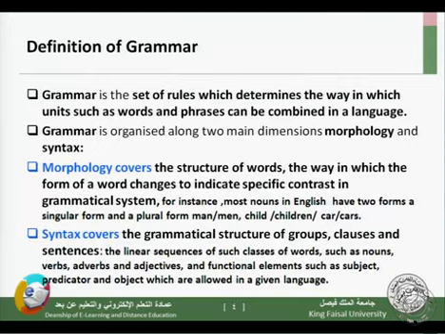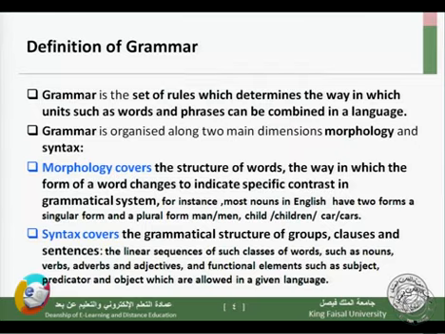Are they adverbs? Are they adjectives? So syntax looks at them in a linear way. They look at subject, predicate, and object, or subject, verb, object, or subject, complement, or predicate, and so on. So syntax covers all these aspects.